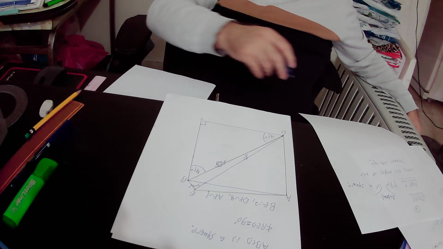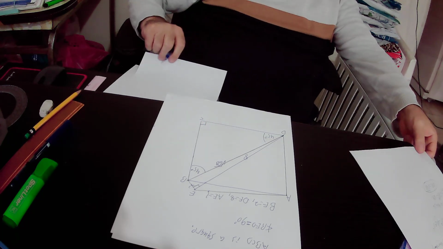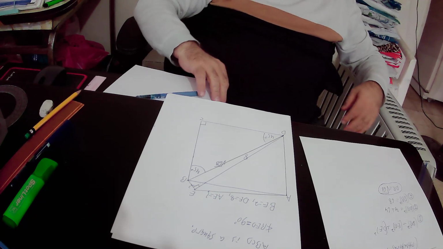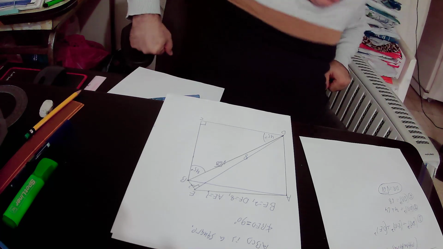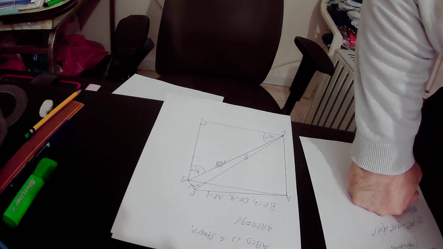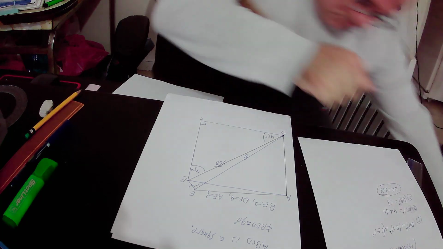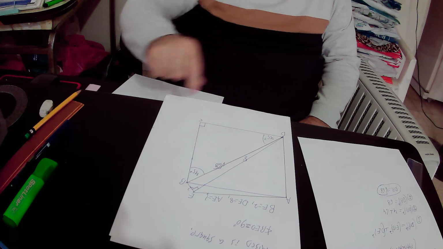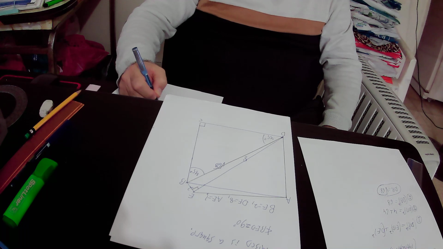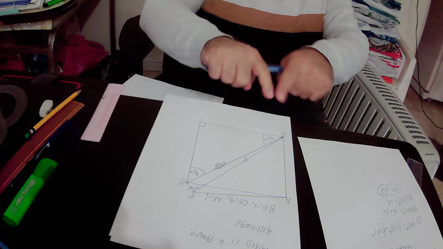So now we will focus on the right triangle DCB. On this right triangle DCB, cosine 45 degrees equals DC over DB.